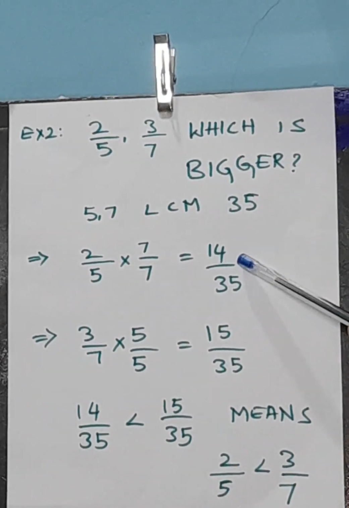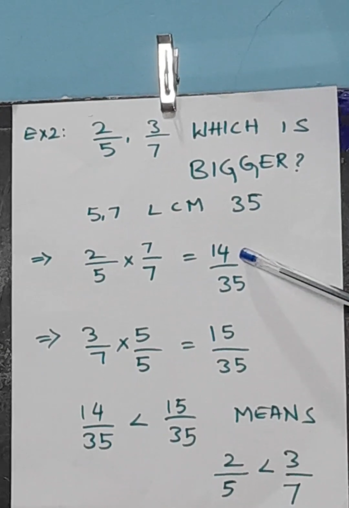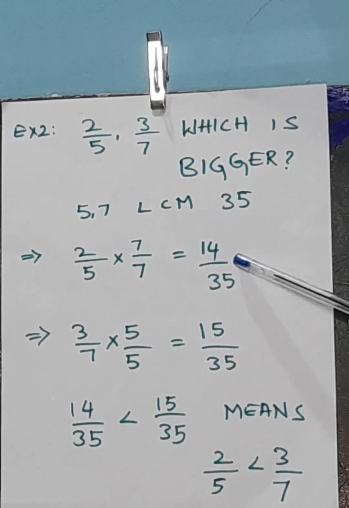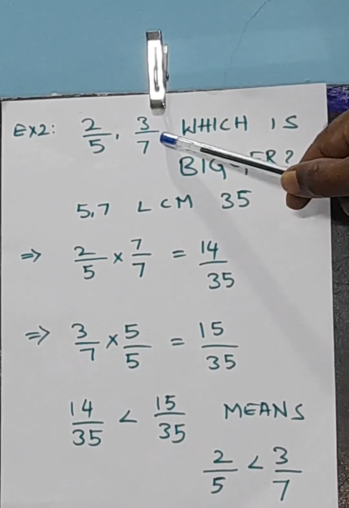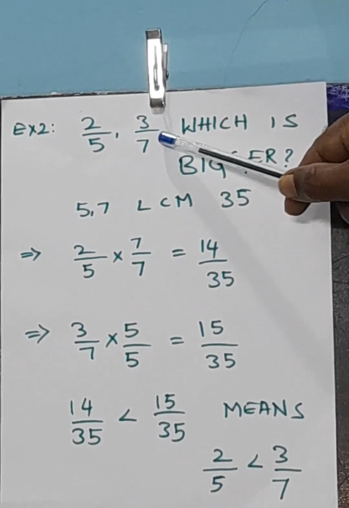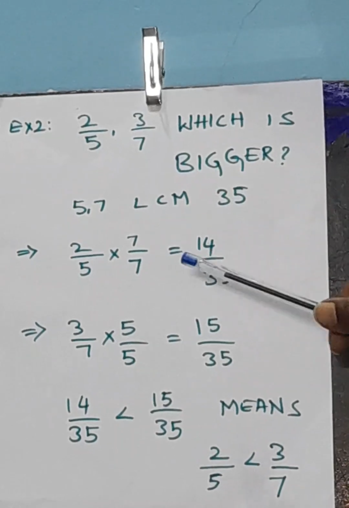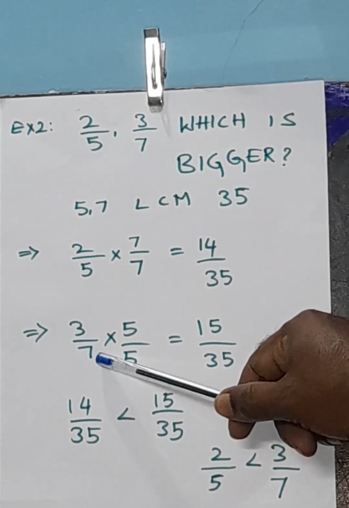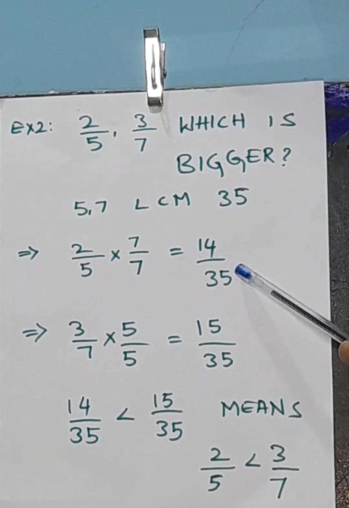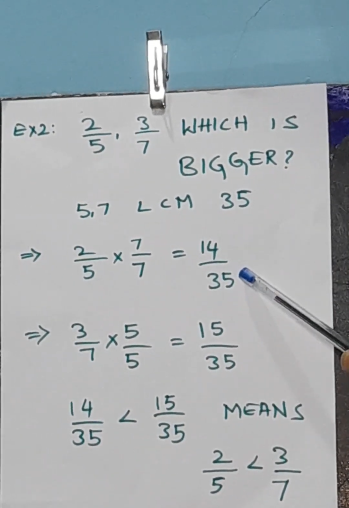In this step, we are converting one fraction into an equal fraction. And again we can convert this fraction into a like fraction. So here I am writing this fraction, 3 by 7. The denominator of this fraction should be 35.